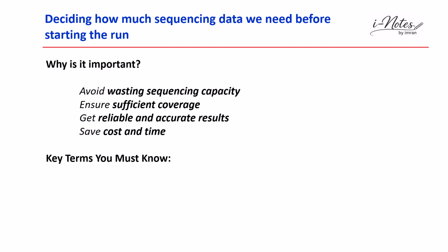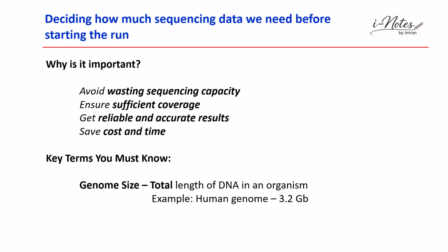So for deciding the sequencing data before you start the sequencing run, you should know two key terms. One is genome size, that is the total length of DNA in an organism. For example, if you are working with the human genome, the size is 3.2 gigabases.